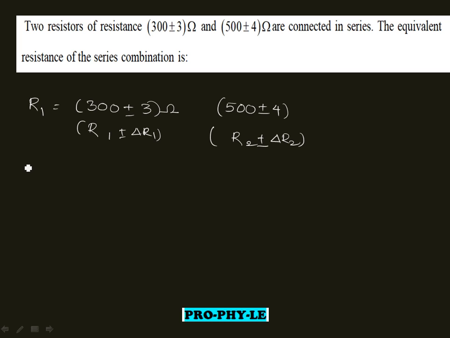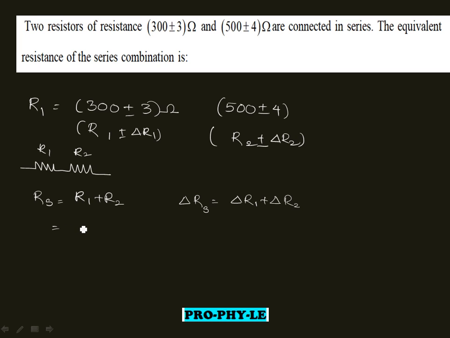Now these are connected in series. If two resistors are connected in series, then their equivalent resistance Rs will be equal to R1 plus R2. So the mean absolute error will be equal to delta R1 plus delta R2 for this series combination.